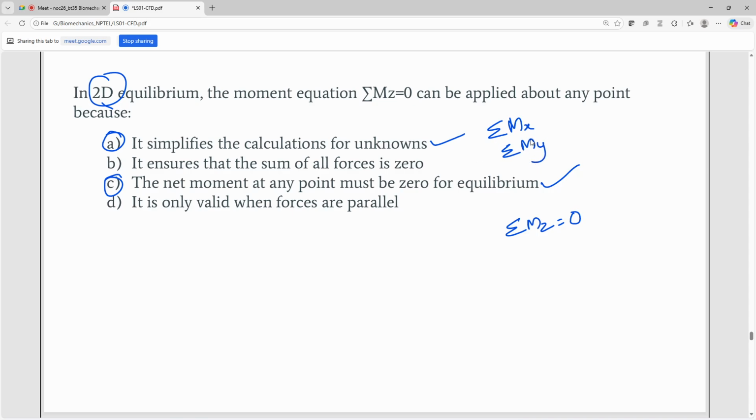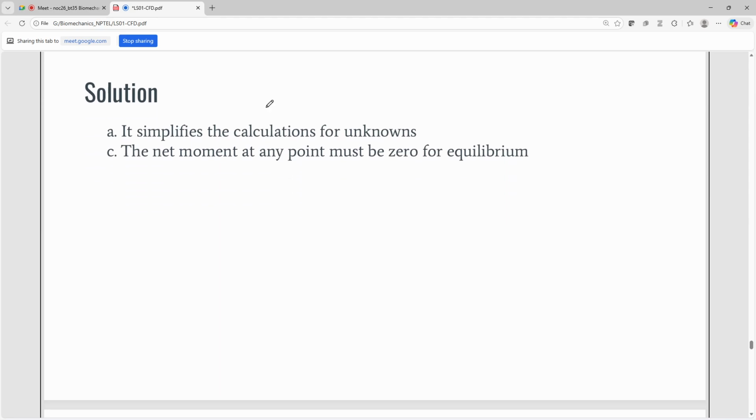It's not like we can't take them, but sigma Mz considerably simplifies the calculations. That's also a reason. So options A and C both are correct.